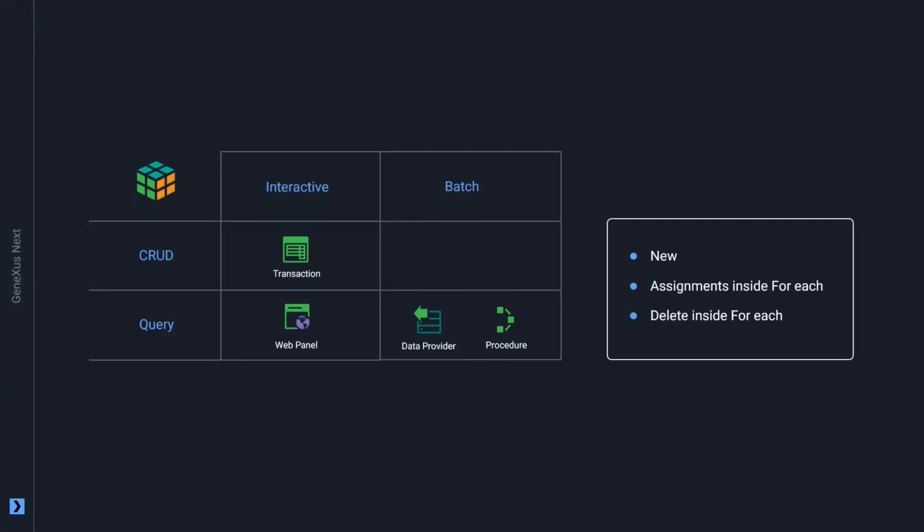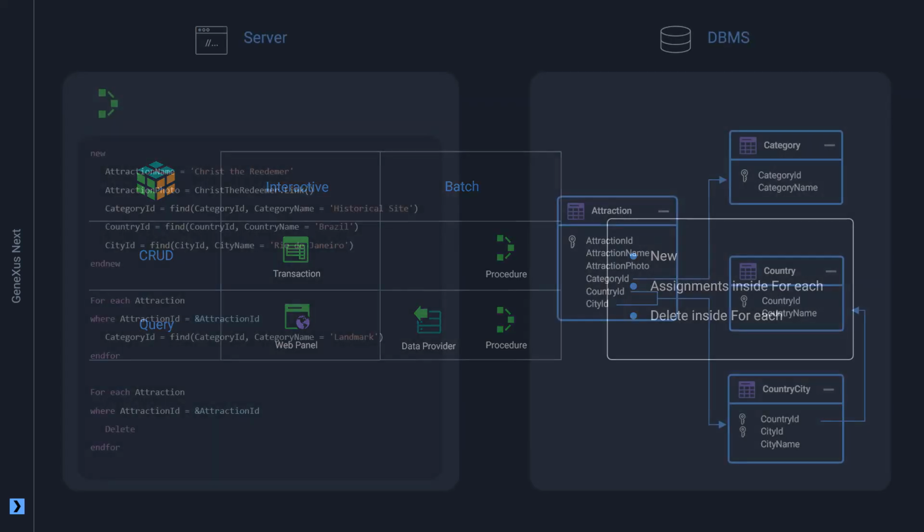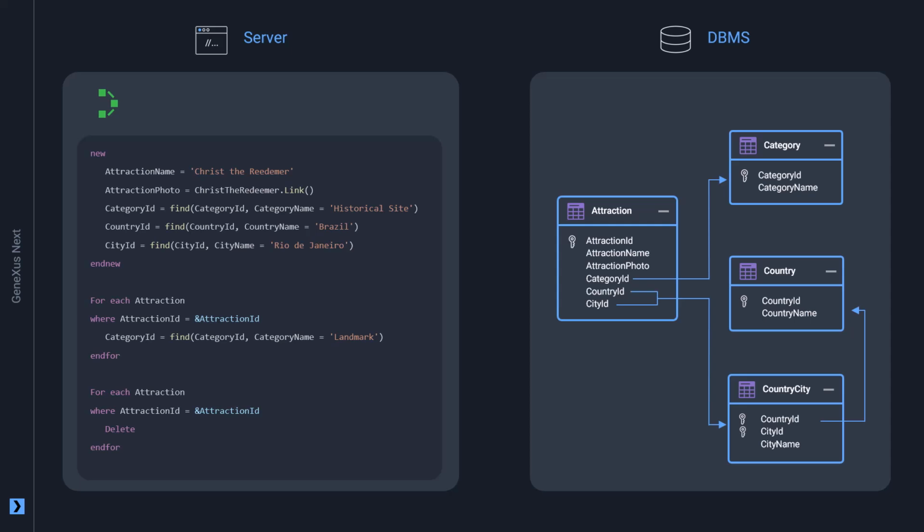In this video, we studied how to perform create, update, and delete operations through commands in the procedure object. Thus, we use the new command to insert a new record into a table. We saw that the insert order is sent to the DBMS without any checking.